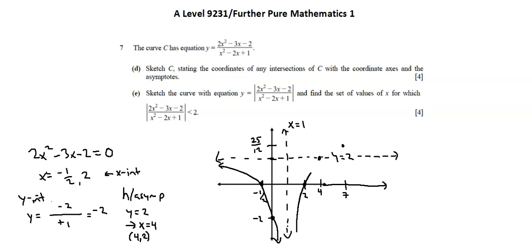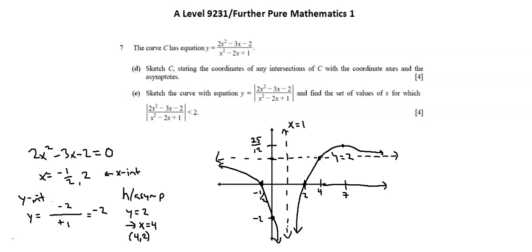So I'll go up through 2, 0, 4, 2, 7, 25 over 12. At this point, I'm decreasing. I didn't calculate any further crossing of the horizontal asymptote. I'll be getting closer and closer to, but never touching, y equals 2. This completes the requirements for part D.